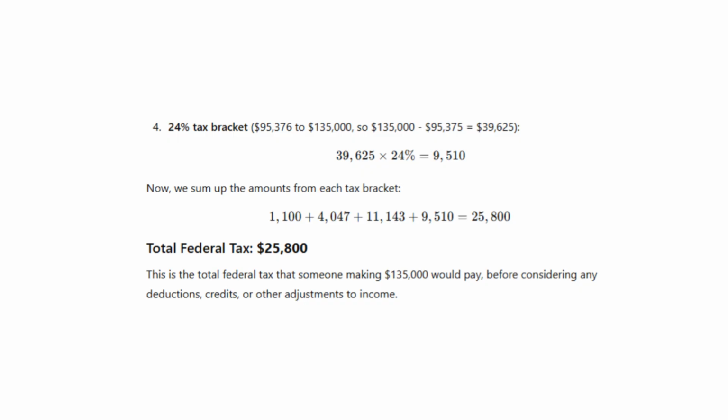Adding up the taxes from each bracket, the total federal tax liability would be $25,800, assuming no other deductions or credits apply. This method ensures that only the income within each bracket is taxed at the corresponding rate, with the highest tax rate applying only to the portion of income in that range.